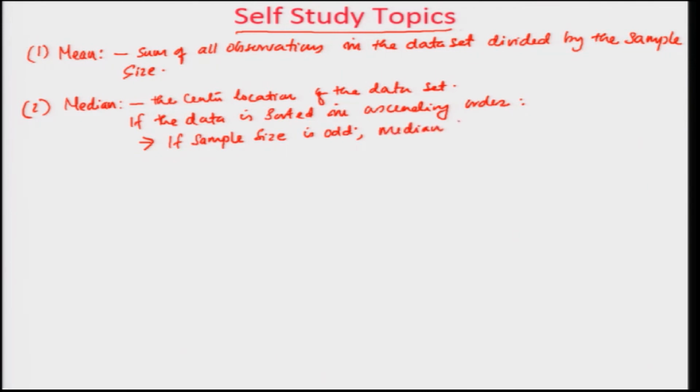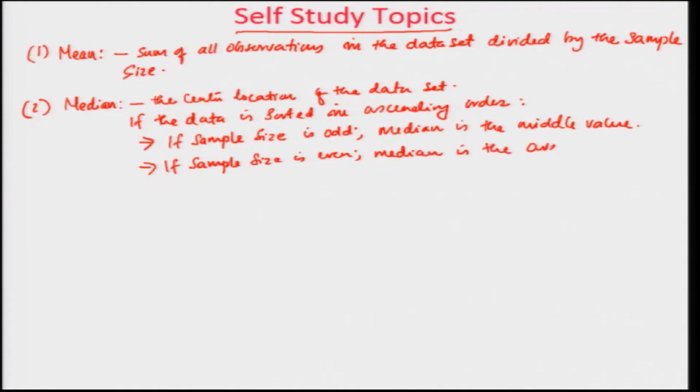If the sample size is even, then the median is the average of the two middle values. You can read the details and examples from the textbook. I am just giving you important information, that is all.